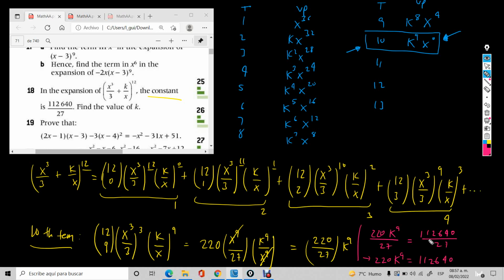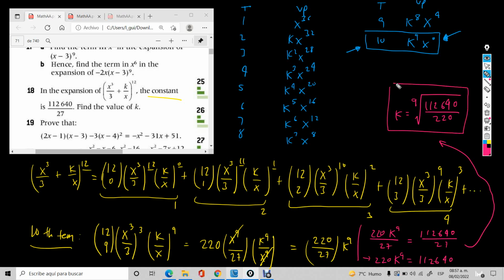And I mean, it's just an isolation of k, right? This is going to boil down to k being equal to this number over 220, and we take the root of index 9, and that's the closed form. This is the correct solution, or the perfect solution, or the exact solution.